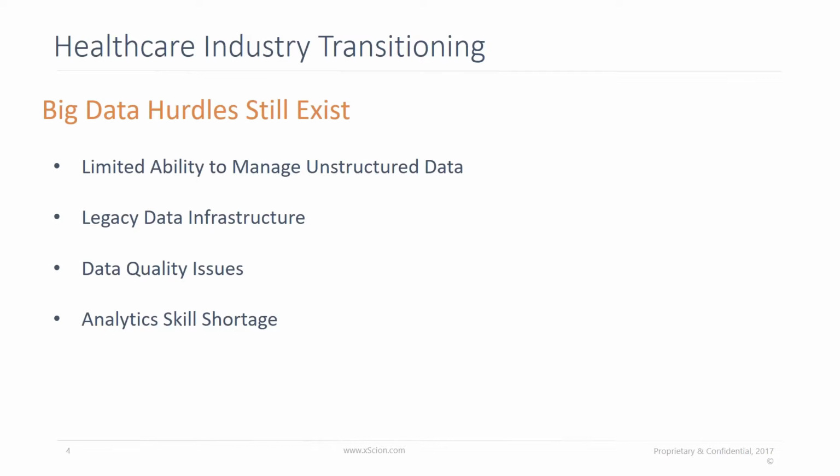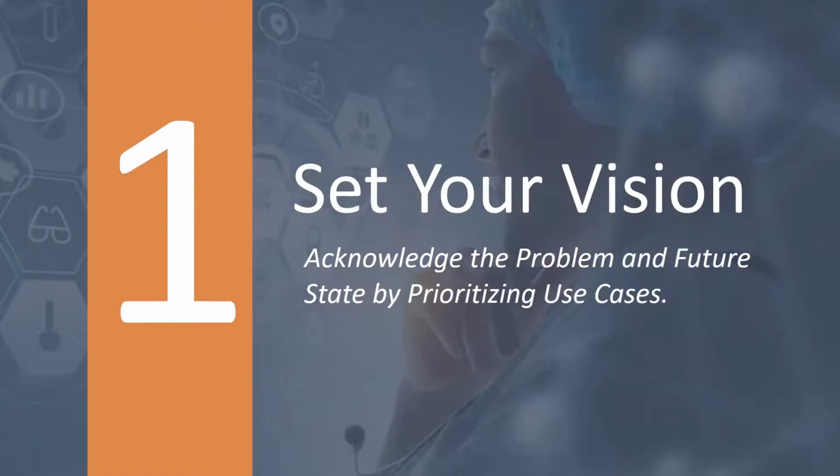Limited availability to manage unstructured data, legacy data infrastructure, data quality issues, and a shortage of skilled resources still plague the payer world. So as organizations look to move off of mainframes, older EDWs, data warehouses, and they try to tackle unstructured data, big data really can come in and help with that.